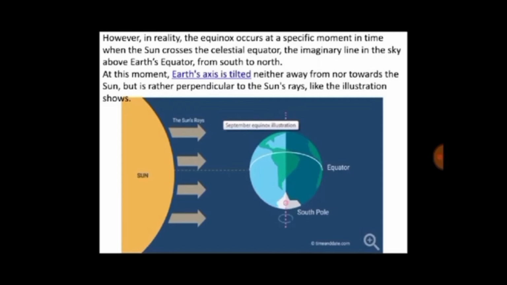At this moment, Earth's axis is tilted neither away from nor towards the sun, but is rather perpendicular to the sun's rays, like the illustration shows.